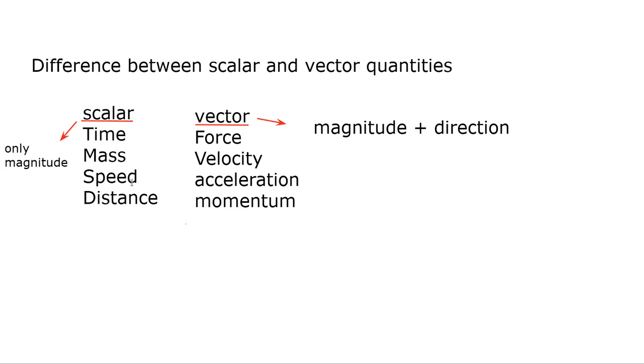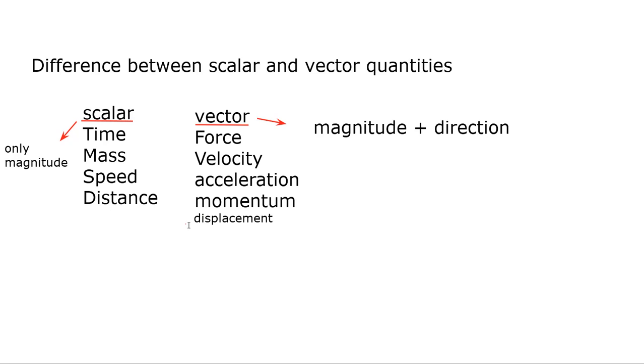Same like that, we cannot say he covered a 3 meter distance towards any direction, because distance and there is a different quantity that is known as displacement. We can say that he covered a displacement in that direction, but in a distance direction is not important and not given because it is a scalar quantity.